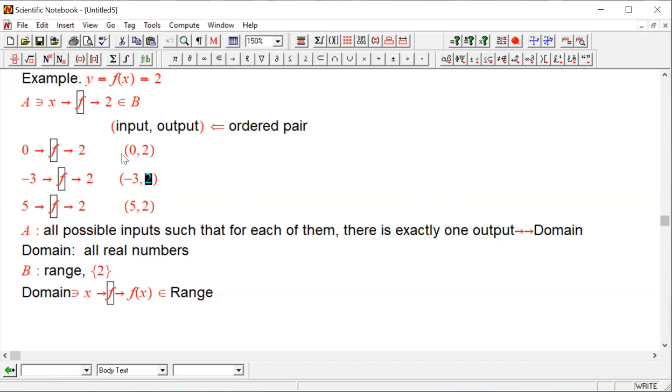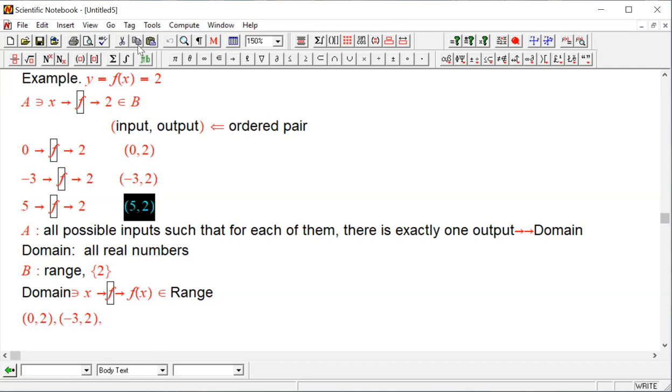So if we put all of these points in a rectangular system, guess what we are getting? We are getting the graph for this function. So we're going to take these 3 points and we're going to make the graph for the function. We can certainly make many more.